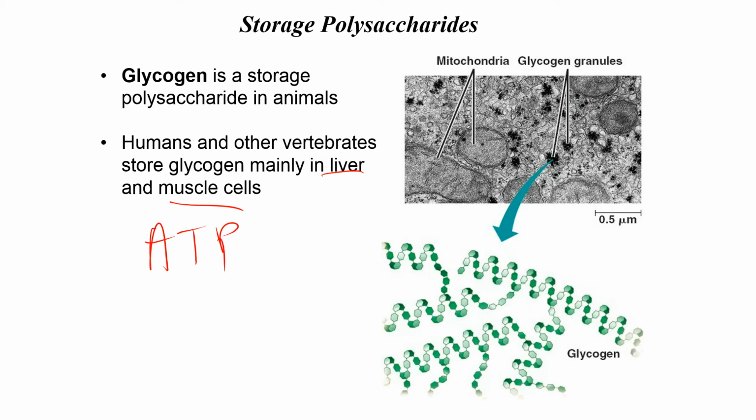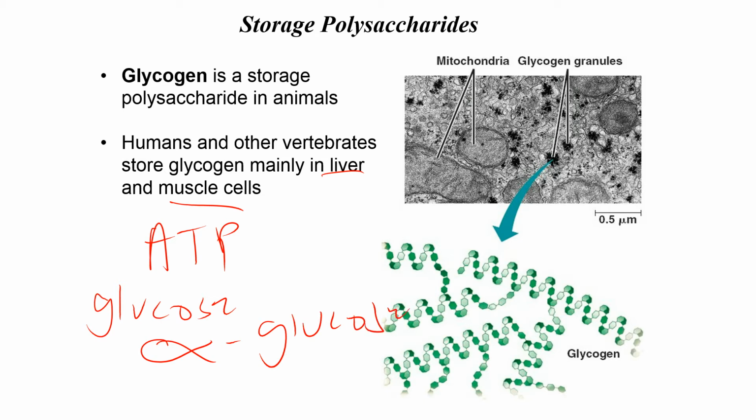Well, fuel, food, things like glucose. Glycogen is nothing more than alpha glucose. So basically, you can chop off individual glucose monomers and use that as a fuel source. You can convert your glycogen into glucose.